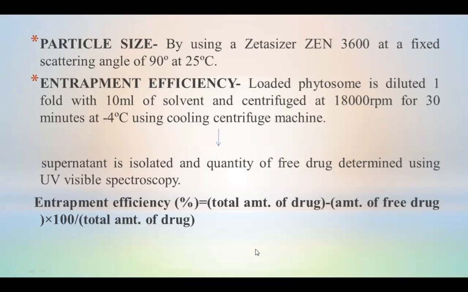Loaded phytosome is diluted one-fold with 10 ml of solvent and centrifuged at 18,000 rpm for 30 minutes at -4 degrees Celsius using a cooling centrifuge machine. Then the supernatant is obtained and the quantity of free drug is determined using ultraviolet visible spectroscopy. Using this formula, entrapment efficacy can be calculated.